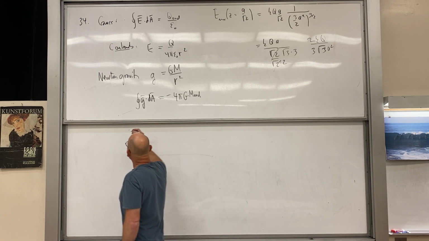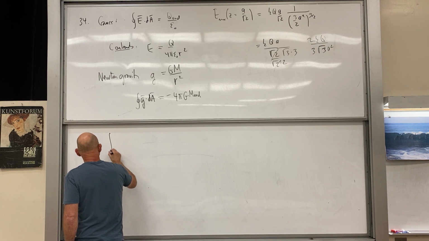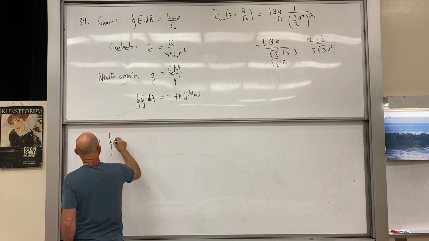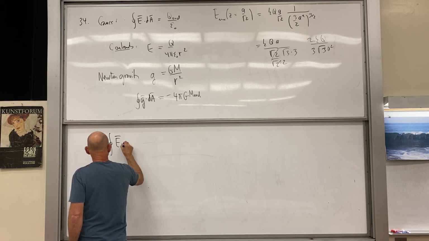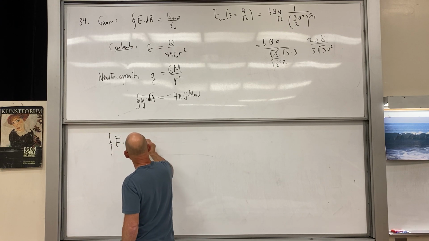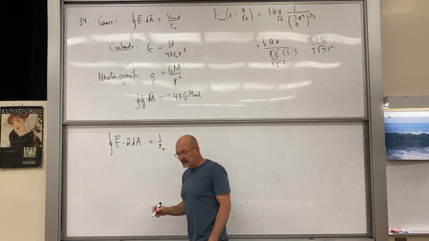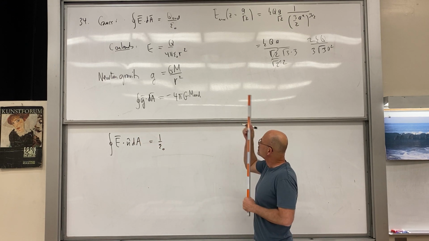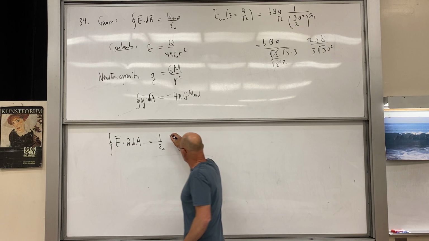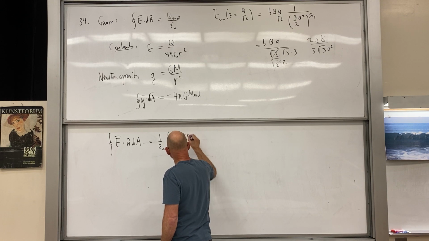So for Gauss's law, we can say closed surface integral of E dot n hat d area, surface normal, is equal to 1 over epsilon naught, and then the enclosed charge we can say is the integral of rho d volume.